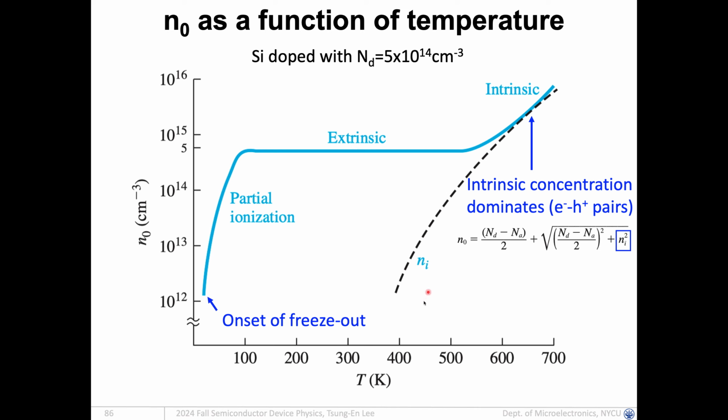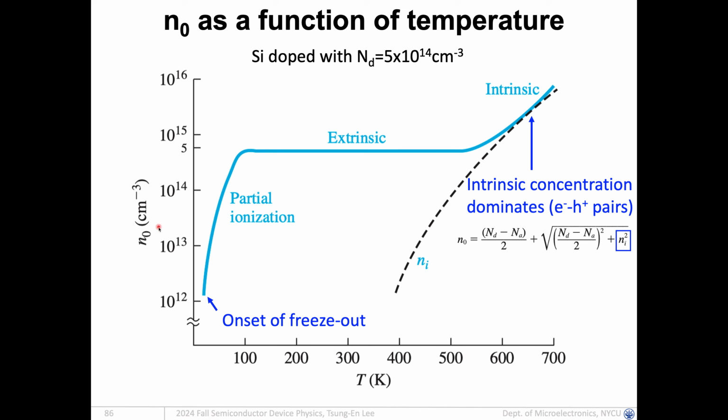But if we further increase the temperature up to 500 or 600K, in the formula the intrinsic carrier concentration will become larger and gradually dominate. Once it suppresses the extrinsic carrier concentration, the value will be dominated by intrinsic behavior.